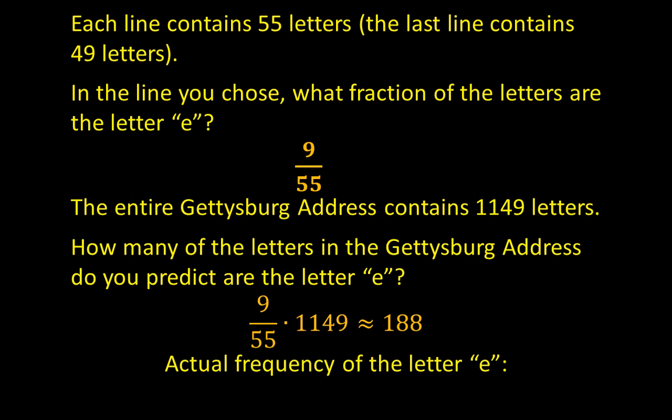The actual frequency of the letter E in the Gettysburg Address is 165 out of the 1,149 letters. So my 188 is just a little bit higher than the actual number, but it's a number that I got by looking at the population and taking a sample of the population and then coming up with an estimate based on that sample.